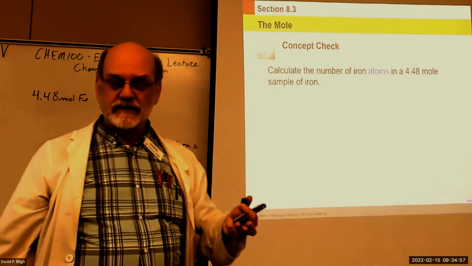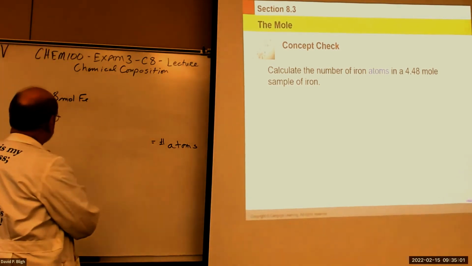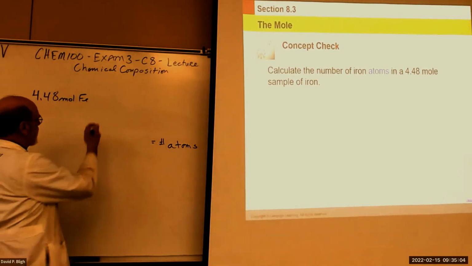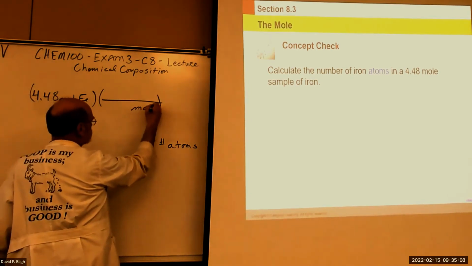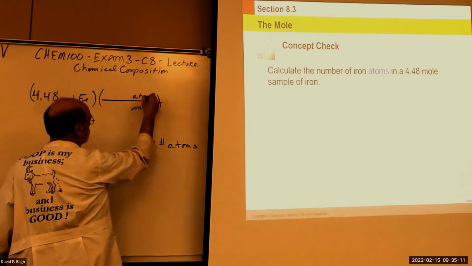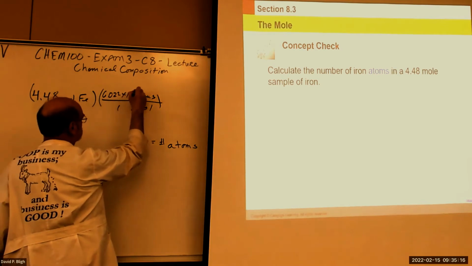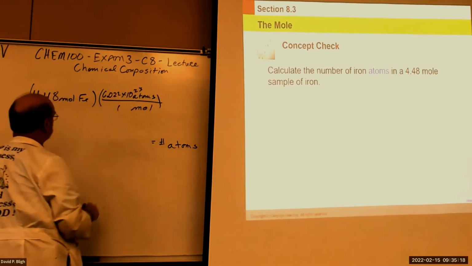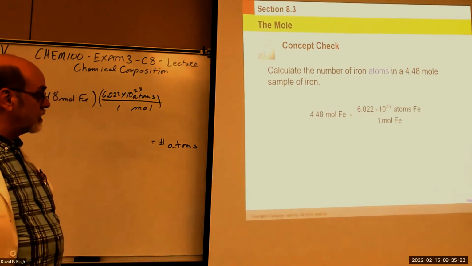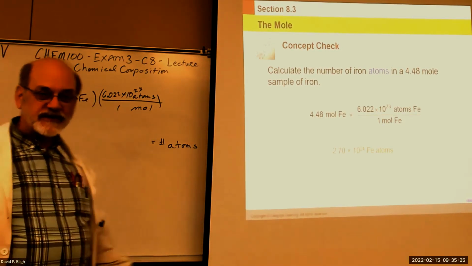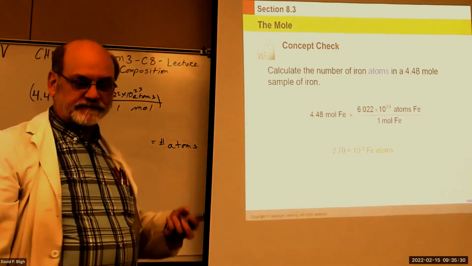We don't care if it's iron. I mean, that's the question, but it could be anything. If we're going from moles to numbers of atoms, we don't need to know anything about iron. We just need to know this one. 1 mole is Avogadro's number. So 4.48 times 6.022 times 10 to the 23rd gives you 2.70 times 10 to the 24th iron atoms.